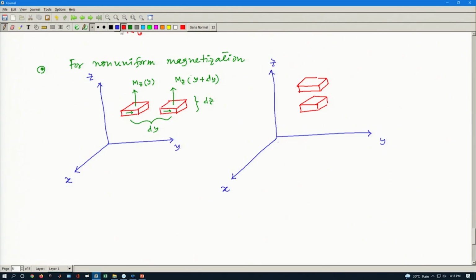So now the current is flowing along the negative direction, along this direction and this direction over the surface.